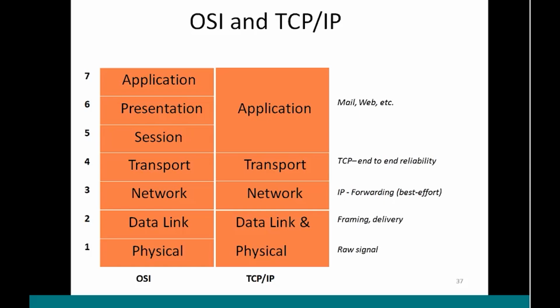We also saw that there are 5 or, sorry, 6 32-bit words which constitute the IP header, used by the network layer to forward the messages.